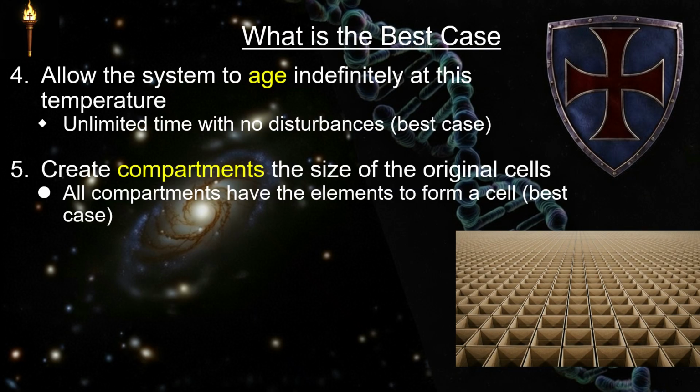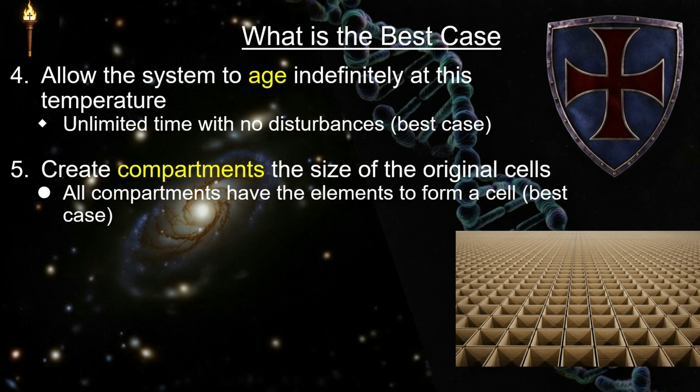We create compartments the size of the original cells. So think of a box that is the size of a cell. And all the compartments have the elements to form a cell, best case. So every box has every single chemical from the periodic table needed to form that cell in the right amounts, right?